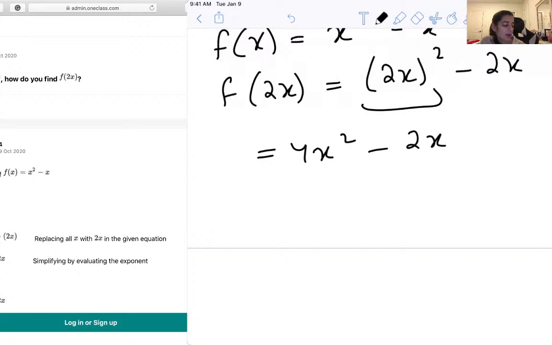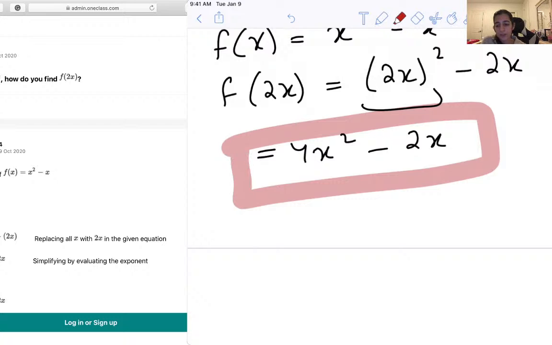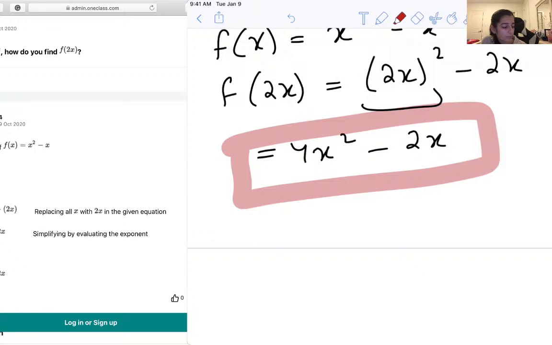Don't try to divide out 2x and then have 2x minus 1, because that's just the same thing. Then you have to multiply it back in. It's completely fine if you leave it like that. That is our final answer: f of 2x is equals to 4x squared minus 2x.